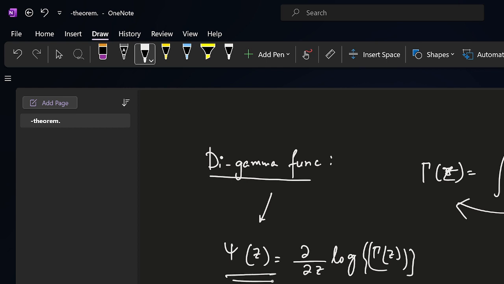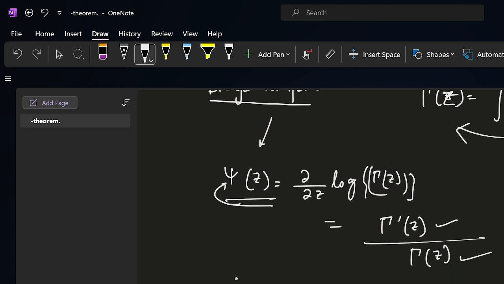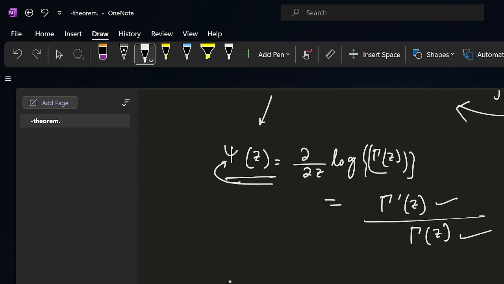So this makes our digamma function, expressed by standard means as psi of z. There are some known formulas or expressions of the digamma function which will be important for us to know here, because based on that we'll be carrying our calculations forward.